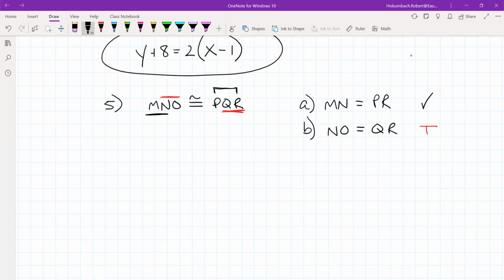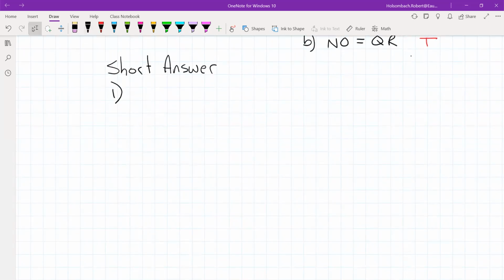All right, so we're kind of starting our numbering over again now. We're at short answer. And we're back to number 1. Short answer number 1. Are points C, J, and B collinear or non-collinear? We got C. We got the top of this box right here.